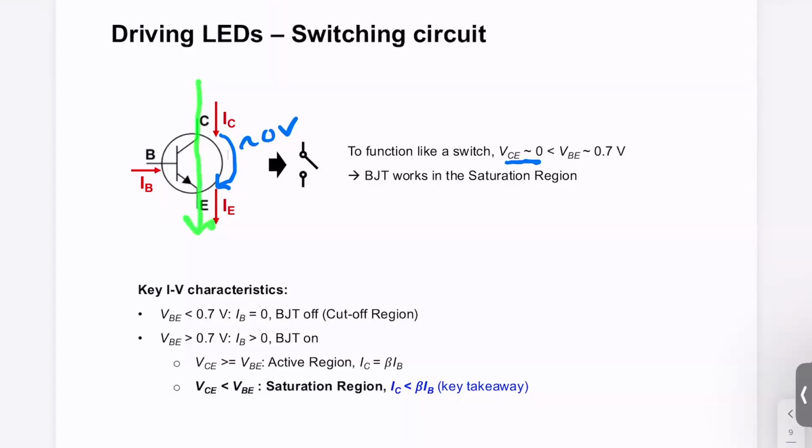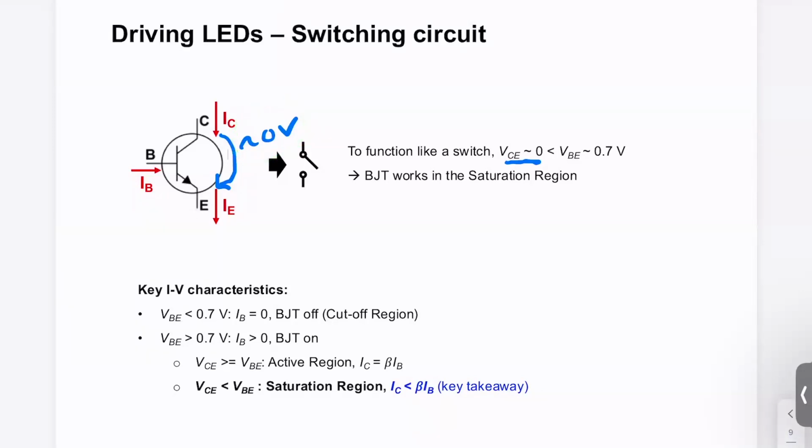Current is also always flowing this way, but depending on which region you're working in, there's a potential drop between the collector and the emitter. And to use it as a switch, you want to eliminate that voltage drop. So that's why we try to bring it into the saturation region. Just make this zero.